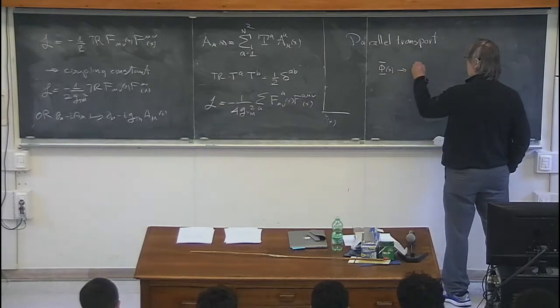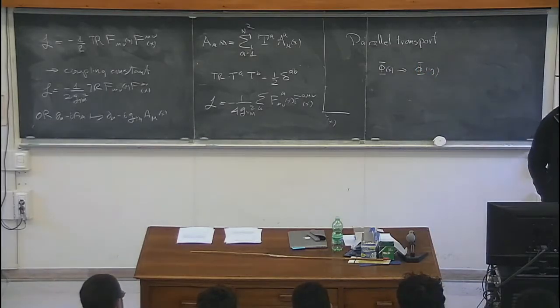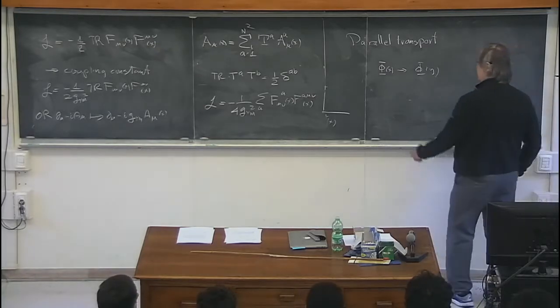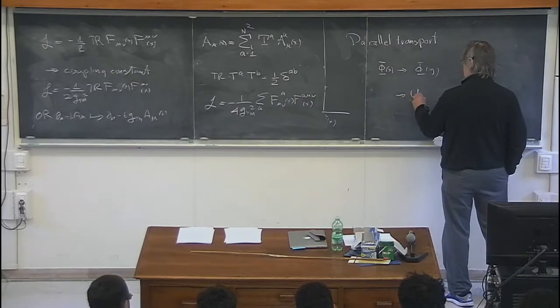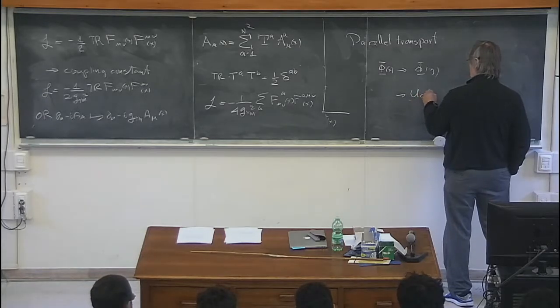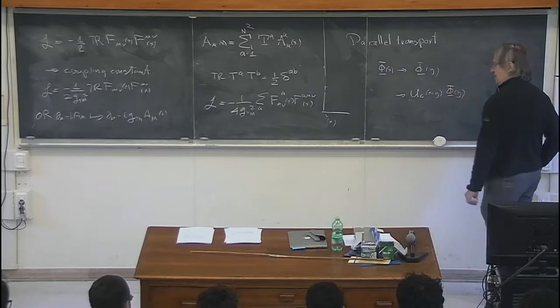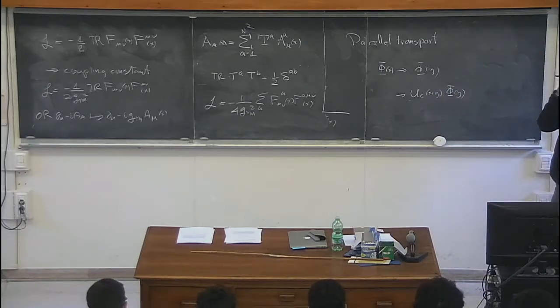So if you want to compare this at phi of y, the correct thing to do is not just to compare phi of x and phi of y. The thing that the geometry tells you is that you should compare it instead with some unitary matrix that you multiply on phi of y. And that unitary matrix is made out of the connection.